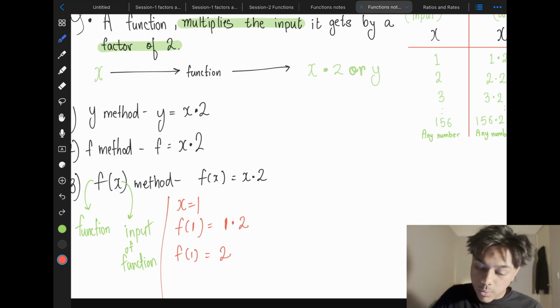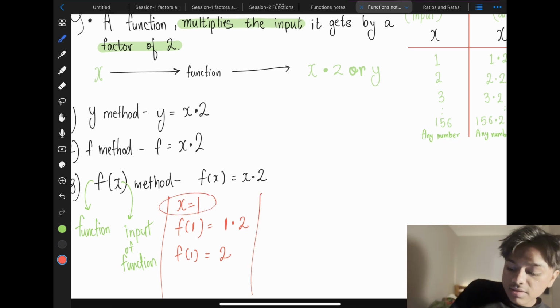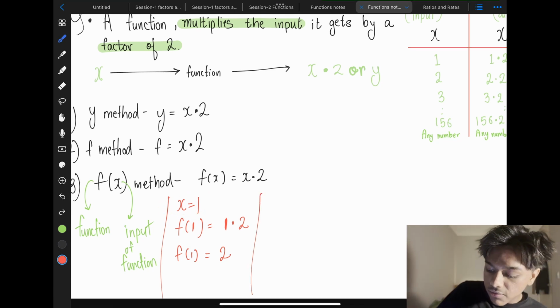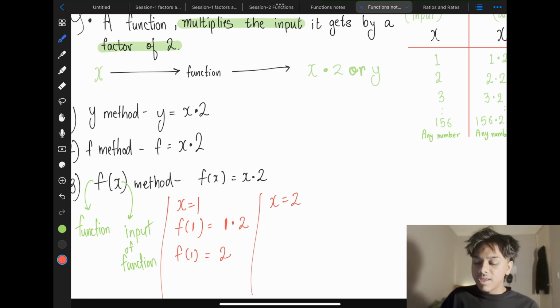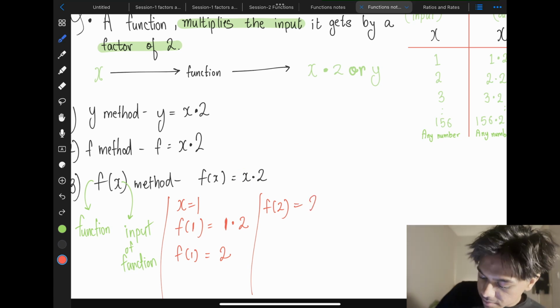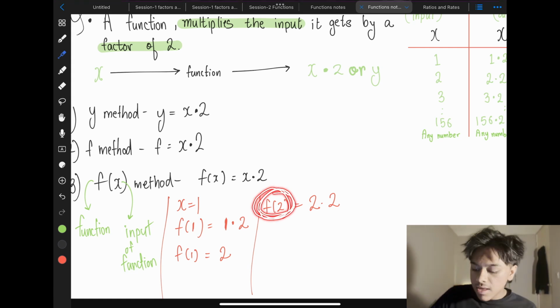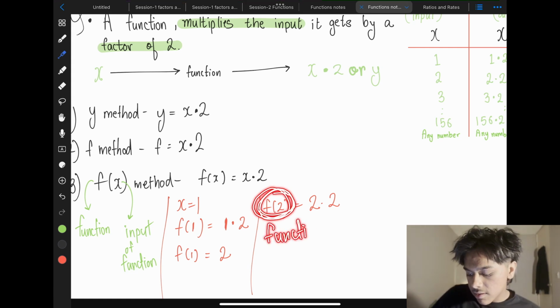And this is very, very efficient, since I don't have to write this line now. Notice, instead of writing x equals 2, I can simply write f at 2, and replace my x here with a 2. Since all this here is saying is function with input of 2.